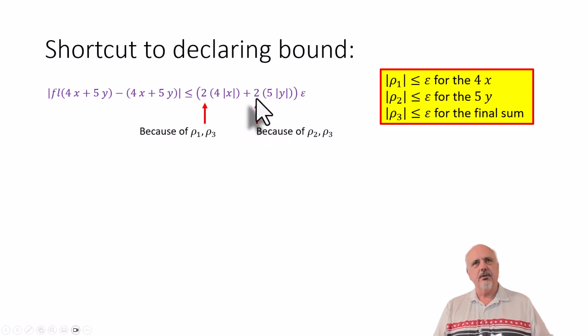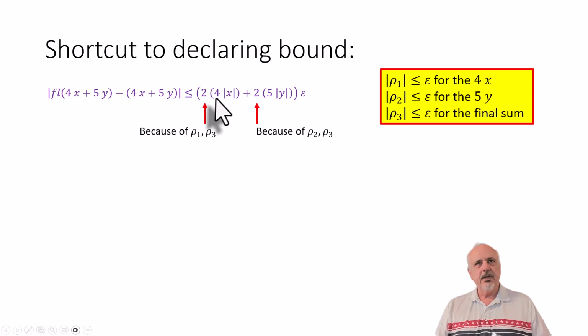Okay, so this 2 that you had to give you the 10y, that 2 was because you did the second and third operation. That's because of row 2, row 3, the multiply of 5y, and then the sum of that term into the final sum.